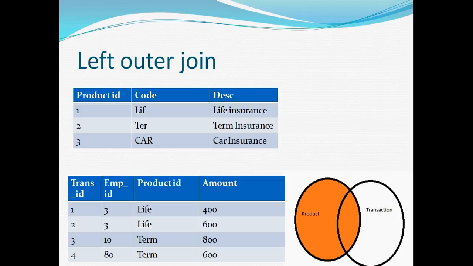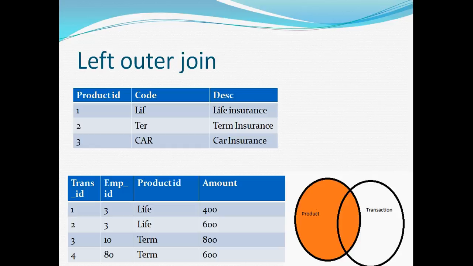If it has not generated any revenue, I will just specify it as null. So I want the entire product table as it is shown here, and I want details of all the transactions that have happened on those particular products. If a transaction has happened for a different product that is not part of the product table, I don't care about that.